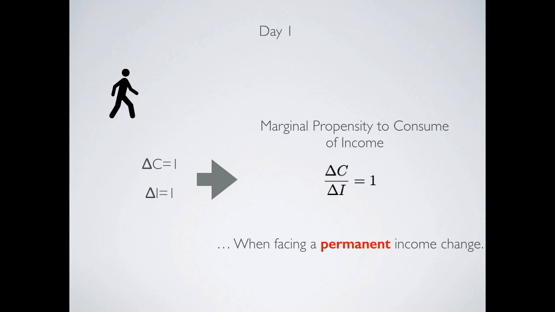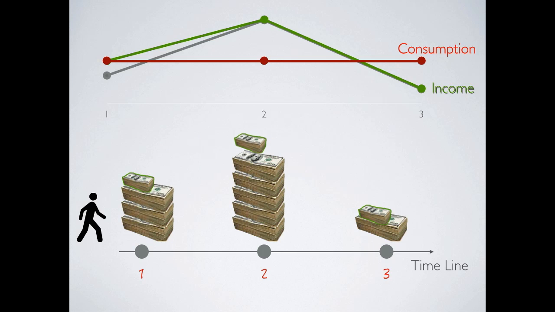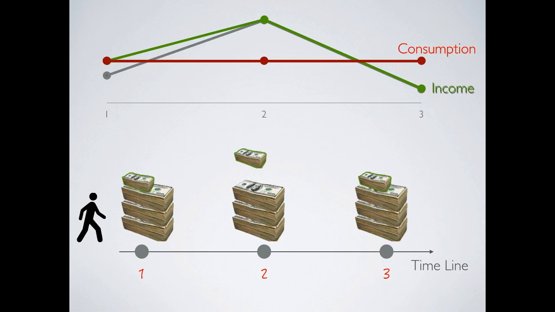So now we move on to the next example. What happens if this income change is temporary? Suppose that the government only gives the household 1 pile of cash in day 1, but there's no more cash drop for day 2 and 3. So if the household is doing consumption smoothing, what can he do? Very easily, he can break the cash into thirds and then move 1/3 of the cash to today, tomorrow, and the day after tomorrow, and then he reshuffles the cash piles again.